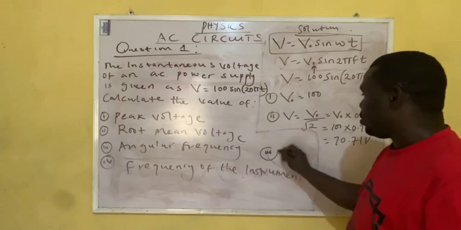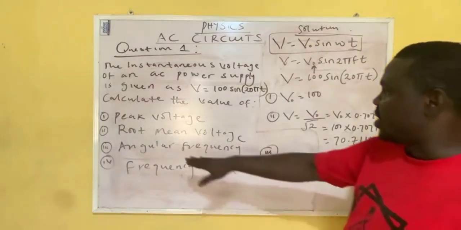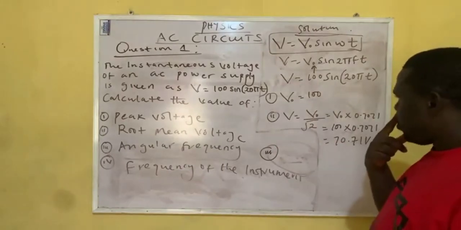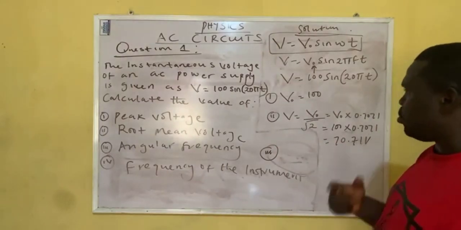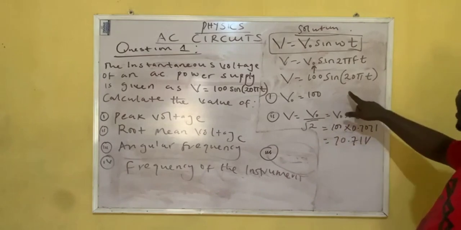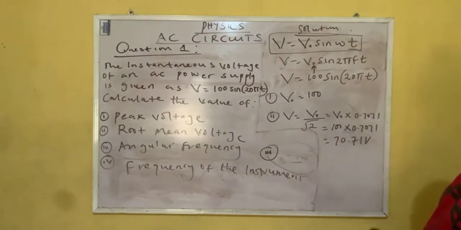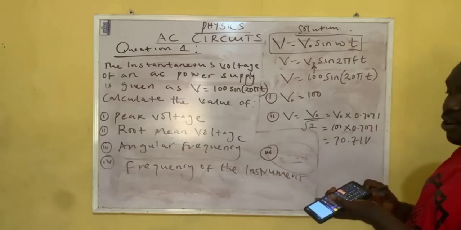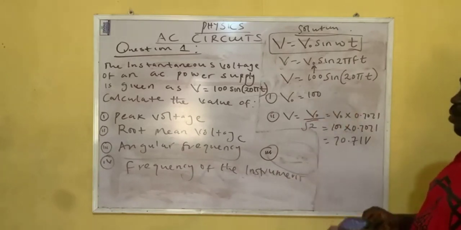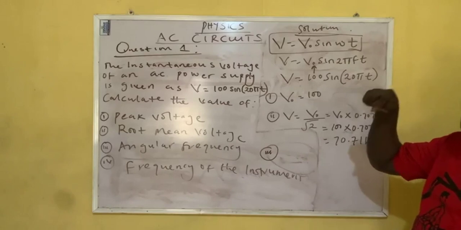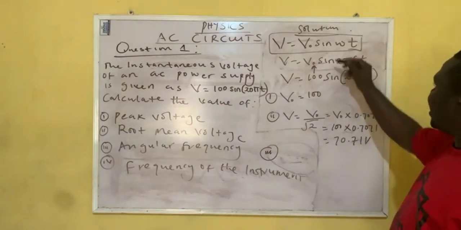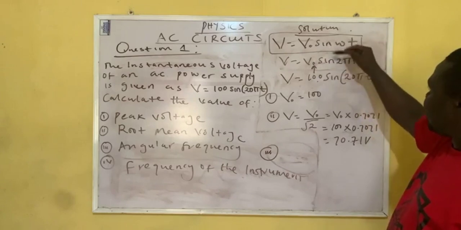So that's number 2. Number 3, they said angular frequency. Okay, angular frequency. What should that be? Can we make our comparison again? What's our angular frequency here? Students, if you're following, please drop it in the comment section and tell me. Look at it now. This for this, this for this.